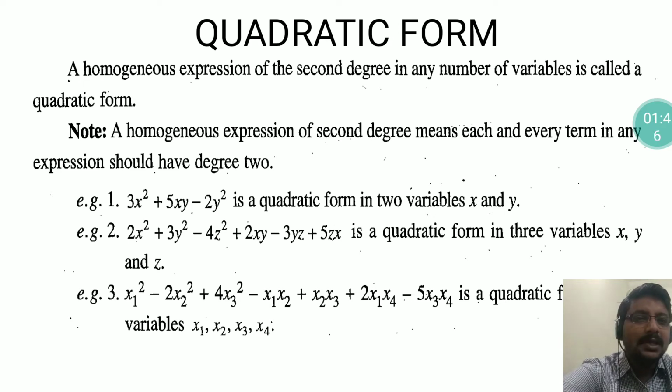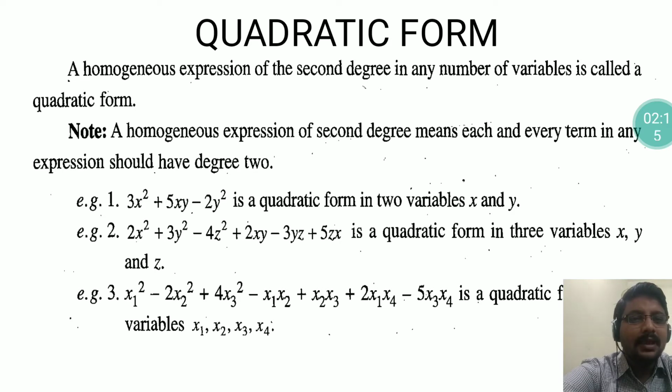Observing each term having degree 2, we have to consider only variable powers, not the constant powers. So each and every term having degree 2, it is a quadratic form in three variables.